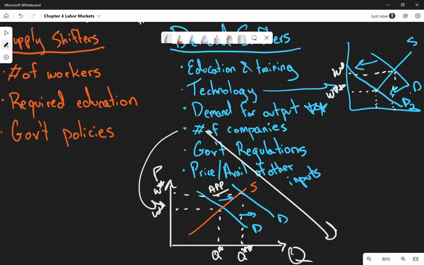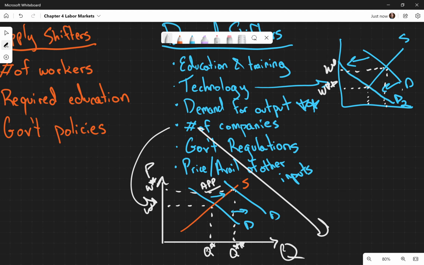All of a sudden, some foreign company makes perfect ball bearings and trucks, and they're really, really cheap. Well, the demand for your labor of making that particular part is going to evaporate. So anytime the price or availability of other inputs changes, this could have an impact on the demand for labor of whatever it is that you're doing.